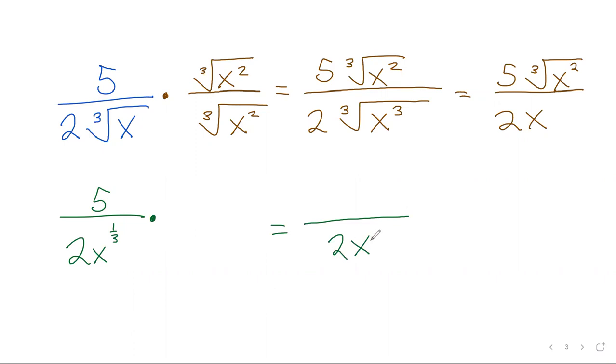No radicals there. And so our question is, what do we need to multiply x to the 1/3 by to end up basically with x to the first power? Well, the answer is x to the 2/3. x to the 1/3 times x to the 2/3, we would add those exponents and get x to the 3/3, x to the first power.